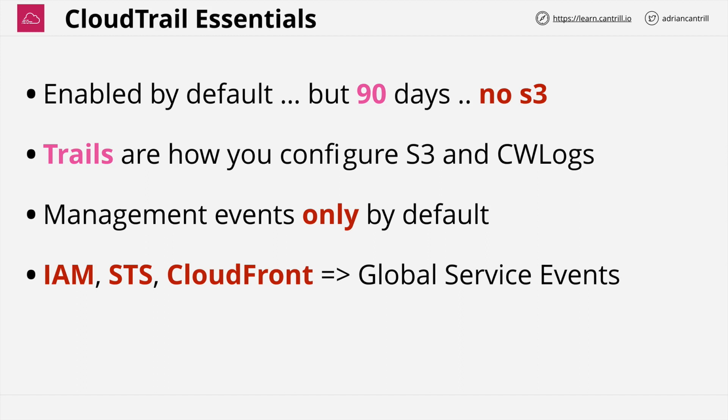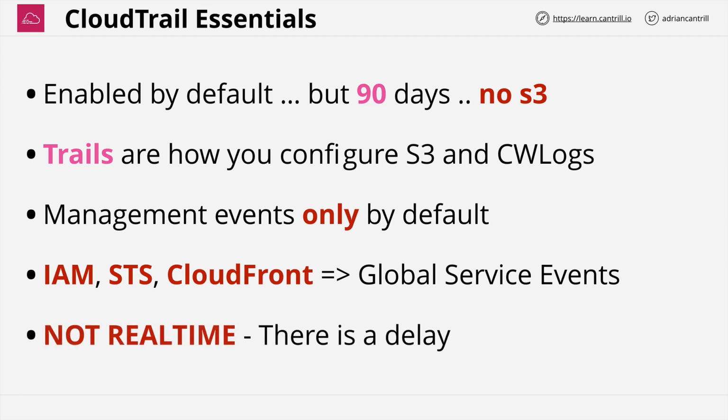What you will also definitely find coming up as an exam style question is whether you can use CloudTrail for real-time logging. Well, this is one of the limitations of the product. It is not real-time. CloudTrail typically delivers log files within 15 minutes of the account activity occurring, and it generally publishes log files multiple times per hour. What this means is it's not real time.